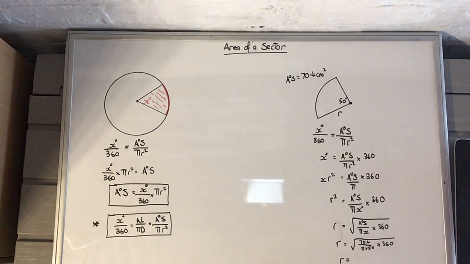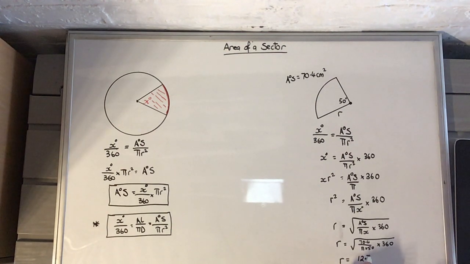So just take your calculator. So we've got 70.4 divided by pi and then divided by 50 and then times all that by 360. And then we take the square root of that answer, we get 12.7.